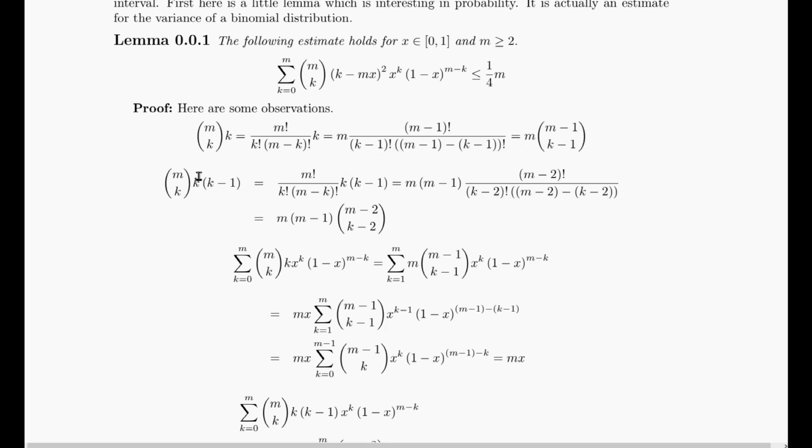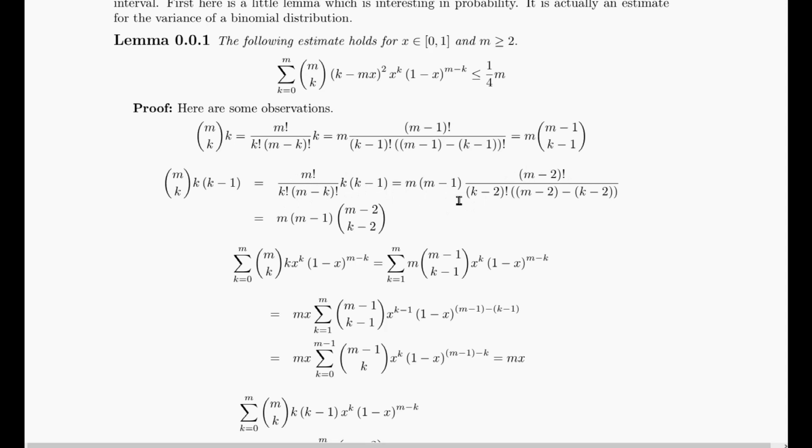Similarly, if I take m over k times k minus 1, it equals this. Now I'll factor out the m and the m minus 1 from the top two factors of m factorial and retain m minus 2 factorial. And the k minus 1 will cancel with the k and the k minus 1 of k factorial.